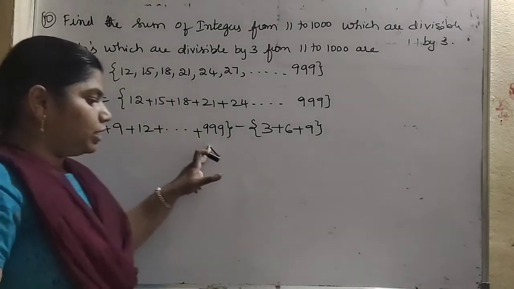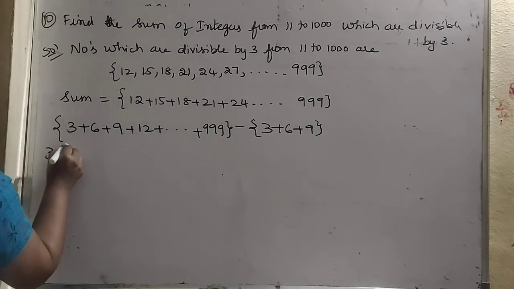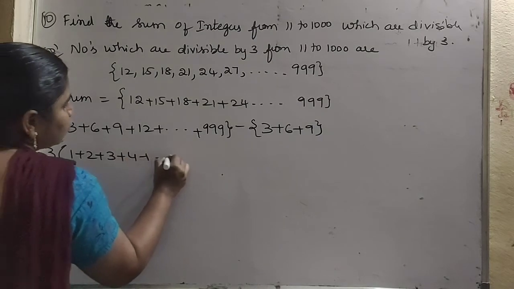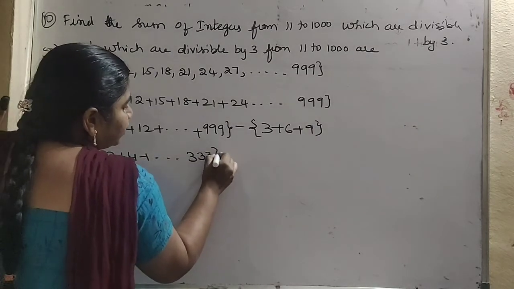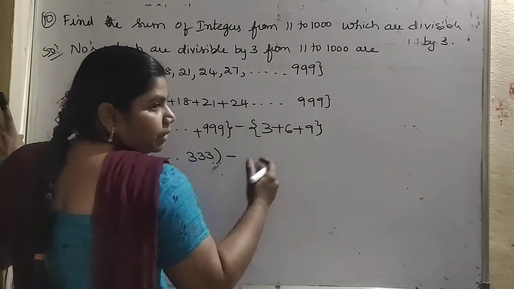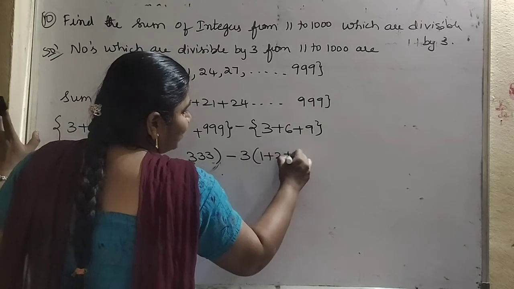These are also multiples of 3, so I am taking 3 as common. 1 plus 2 plus 3 plus 4 plus and so on up to 333 you will get. And from this also I am taking 3 as common, so you will get 1 plus 2 plus 3.